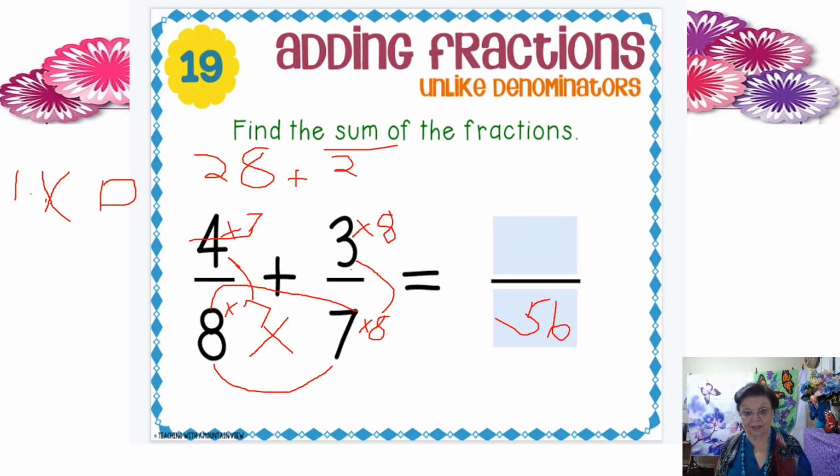Miss Lansford had to stop and think about it. So I am going to go over here and add the 28 and the 24. 8 plus 4 is 12. Carry your 1. 4, 5, 52. So our new numerator is going to be 52.